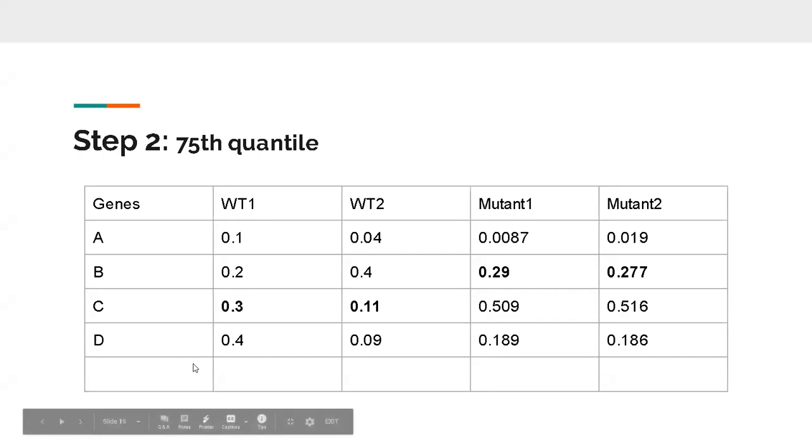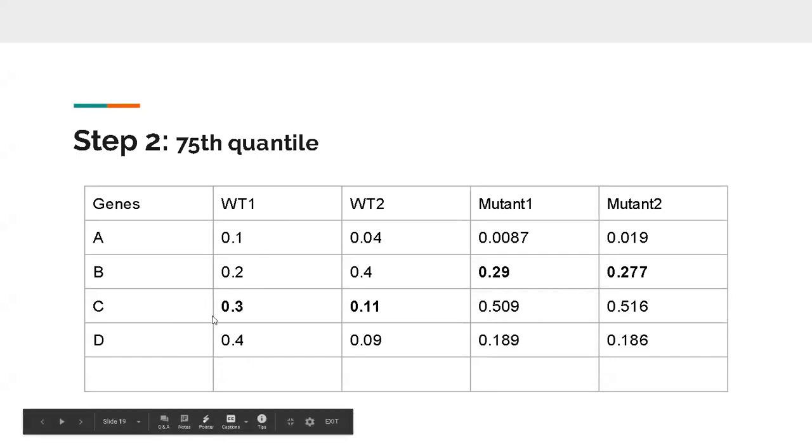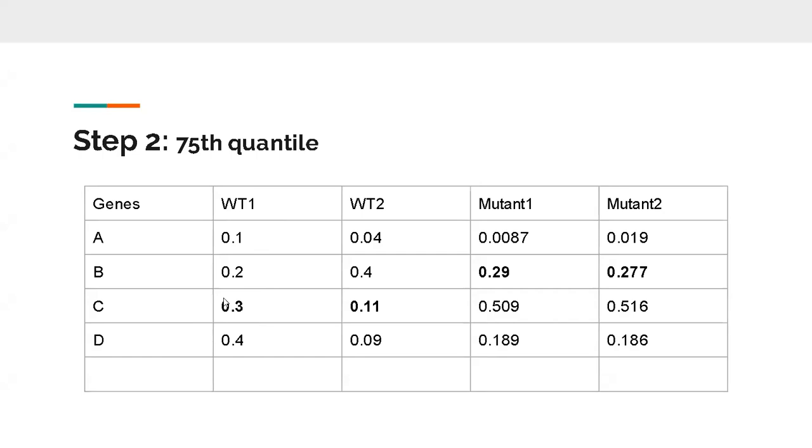In this case, there are only 4 values, right? So the 75% would be 3 out of 4. So you will want to get that value which has 3 or less than 3 values which are smaller than that number. So 0.3, if we take it as the 75th quantile, there is only 0.2 and 0.1 which are less than 0.3. So this will be your 75th quantile.